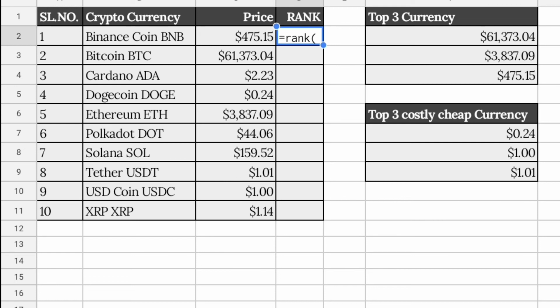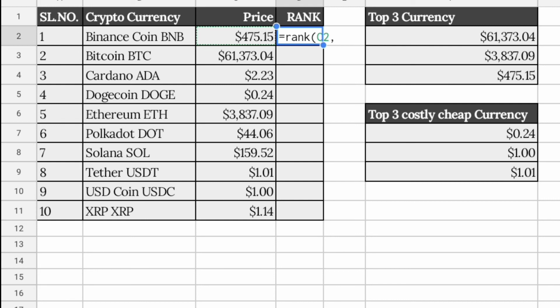So first of all I will select the cell C2, then I will select the range. And please remember, if you want to copy the formula to the rest of the cells, you have to type the cell address in absolute reference.